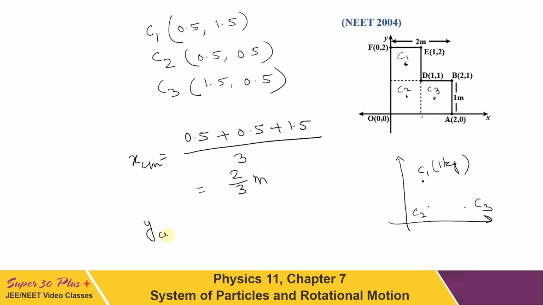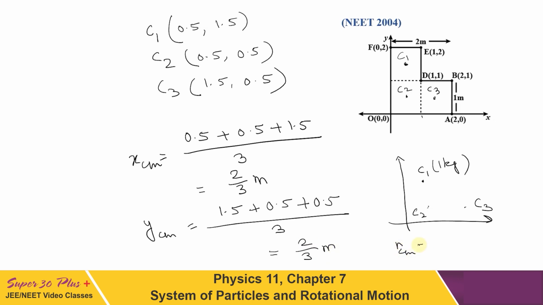Similarly for ycm we can write it will be equal to 1.5 plus 0.5 plus 0.5, and this whole divided by 3, which again is equal to 2 by 3 meter. Finally we got the center of mass of this given lamina.